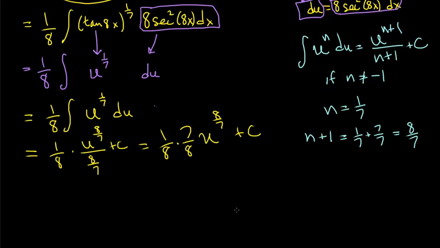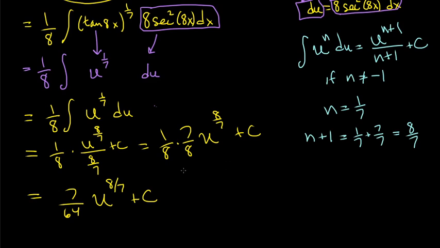And now we're almost done. Let's just multiply these two numbers. We get 7 over 64 times u to the 8 over 7 plus c.